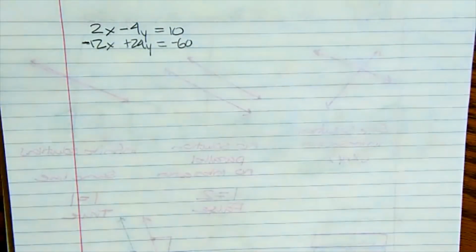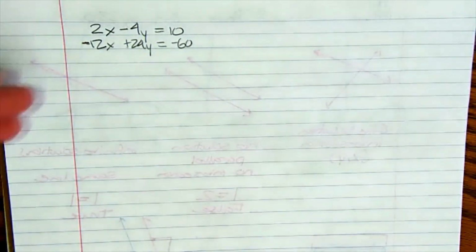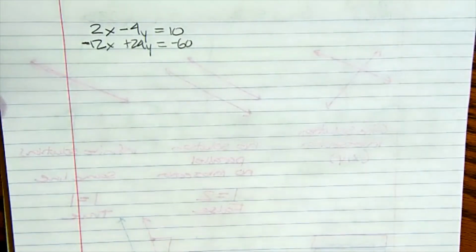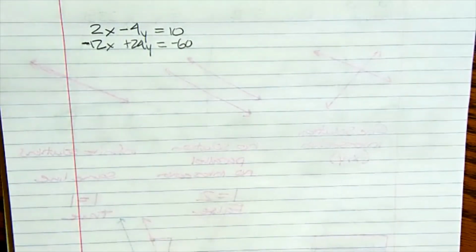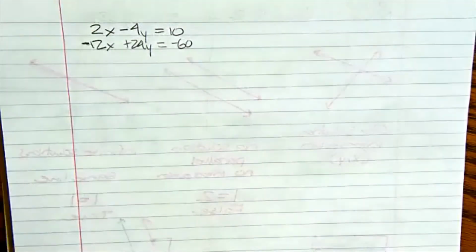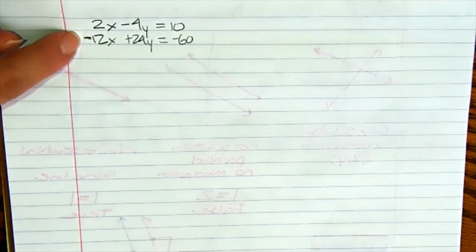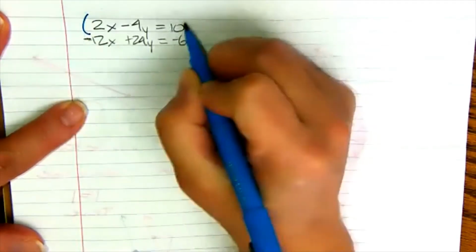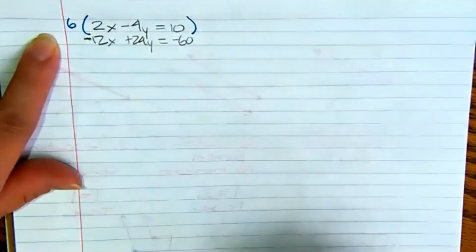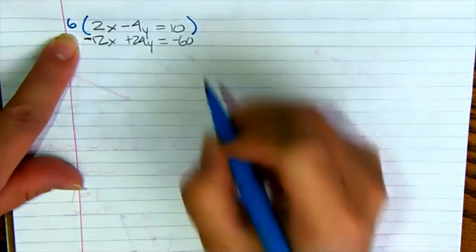These are not written in slope-intercept form, so I'm not going to graph it. We're just going to go straight for elimination. Since I have a positive 2x here and a -12x here, I'm going to eliminate my x's, and I'm going to multiply this whole equation by 6.